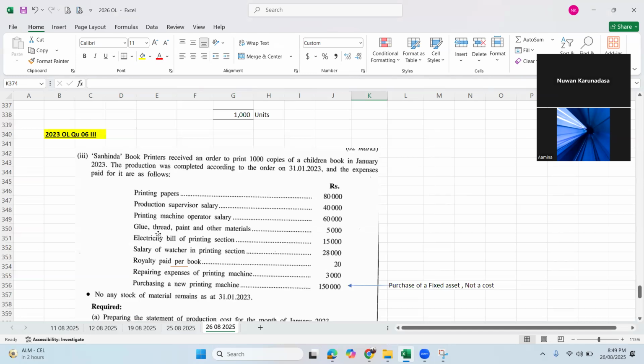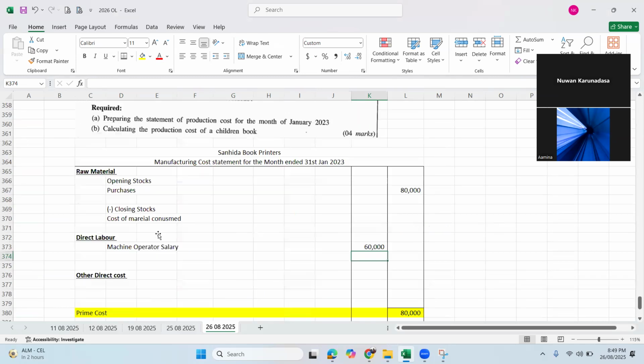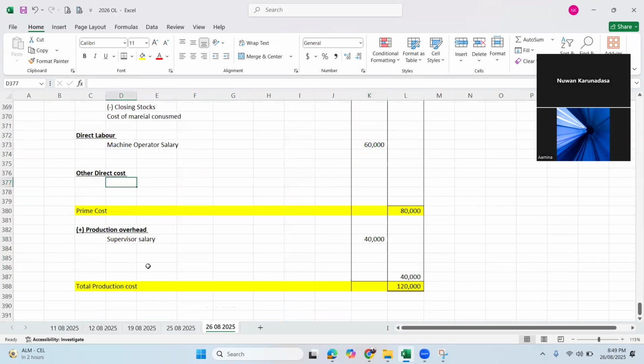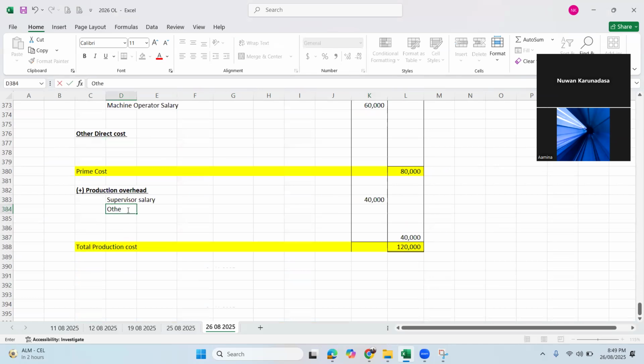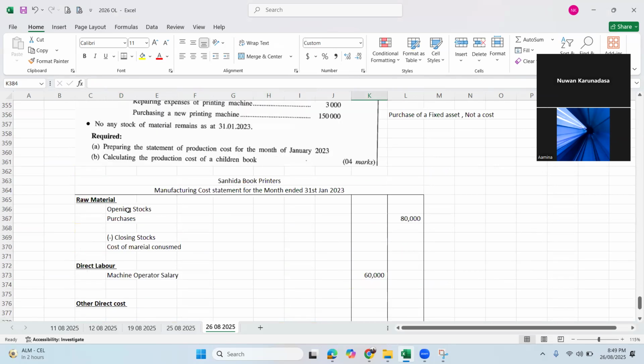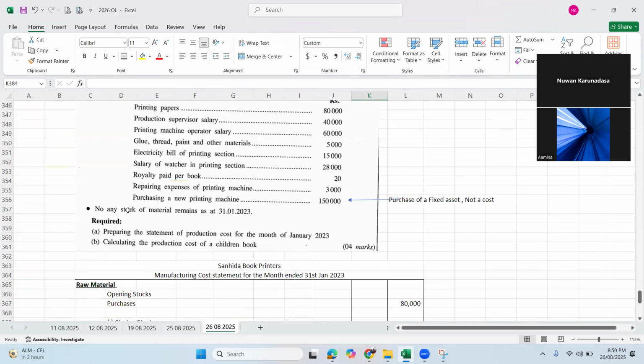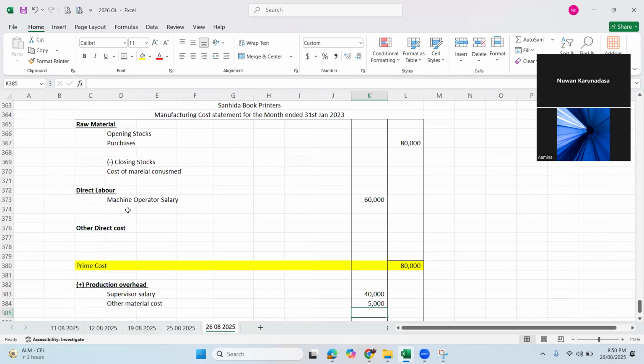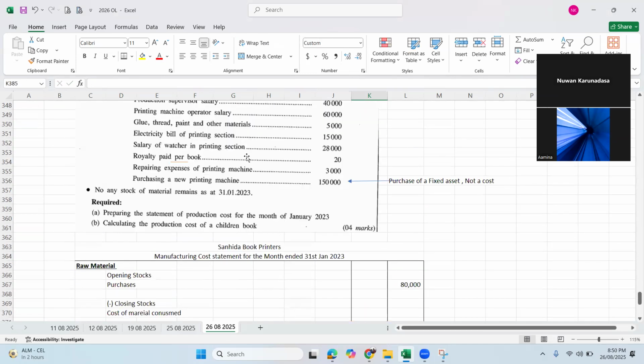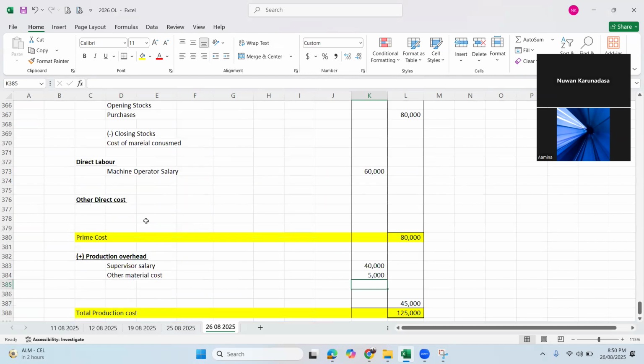Then glue, thread and other materials 5,000, it's here. Other material cost. It's production overhead, 5,000. Electricity bill 15,000.